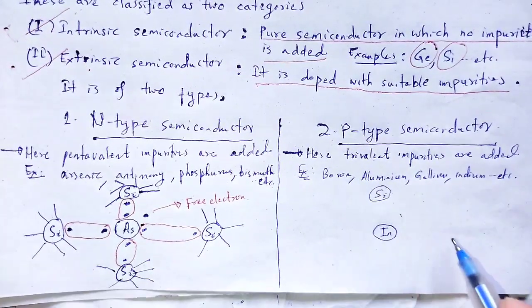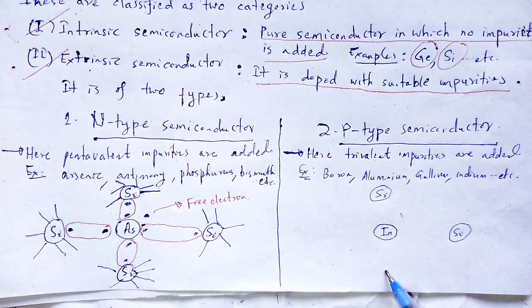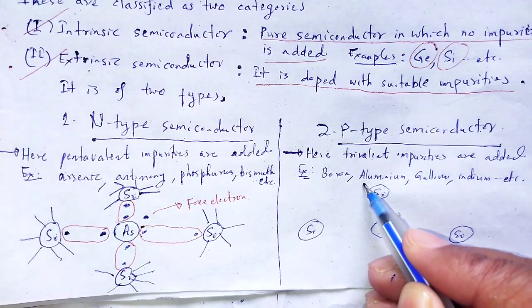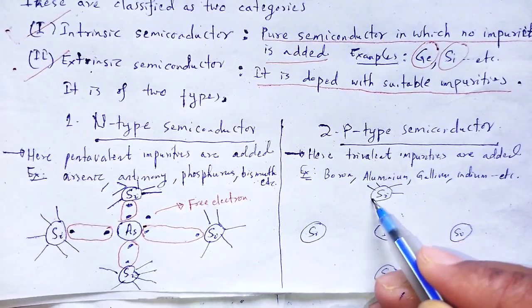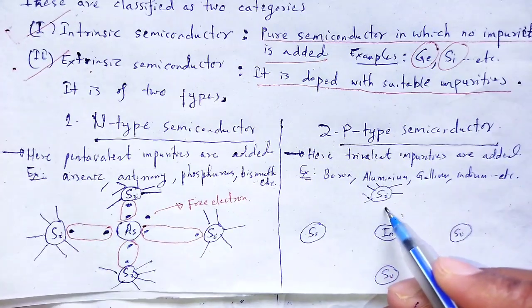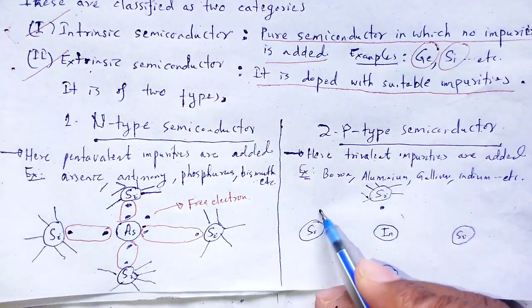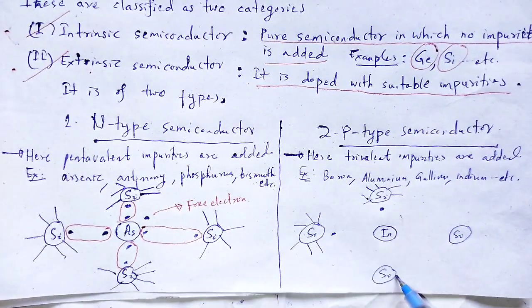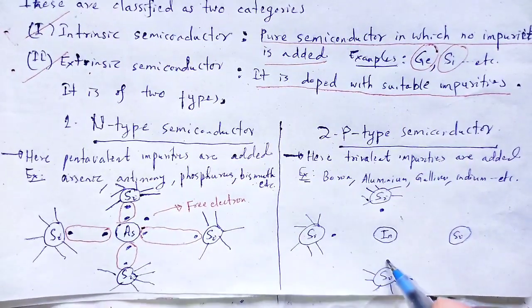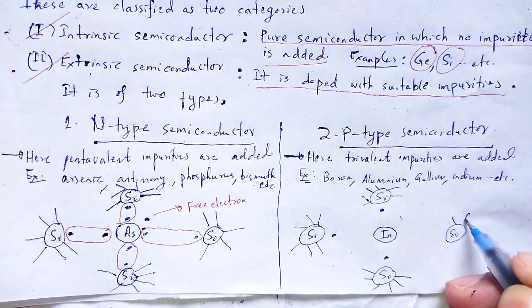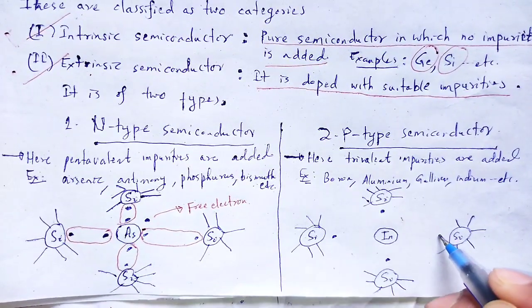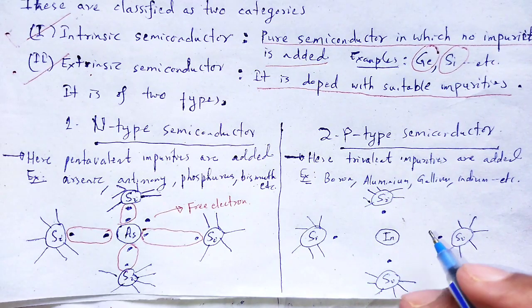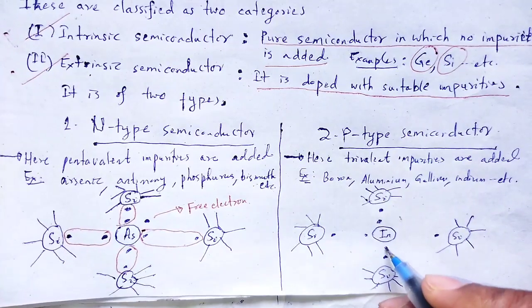So silicon, silicon, silicon, silicon, each with 4 electrons, and the indium is trivalent, so it has 3 electrons.